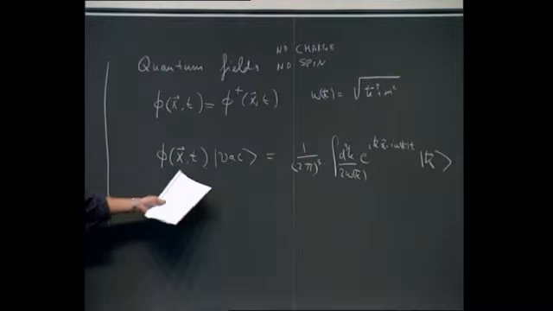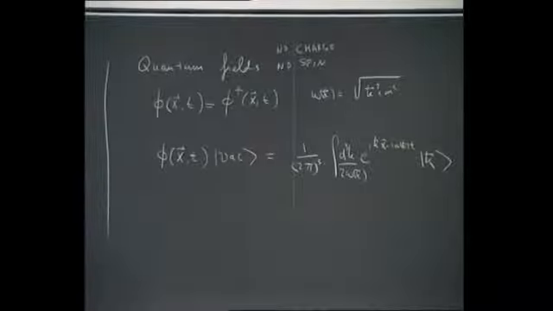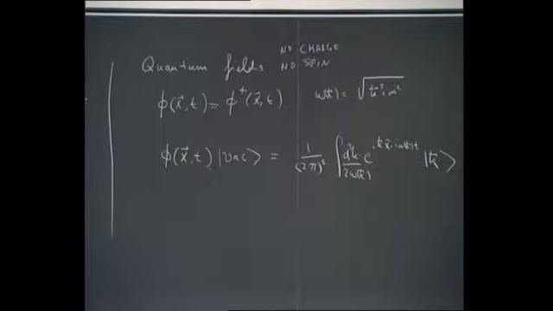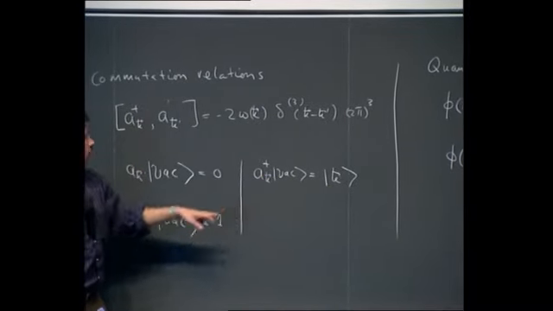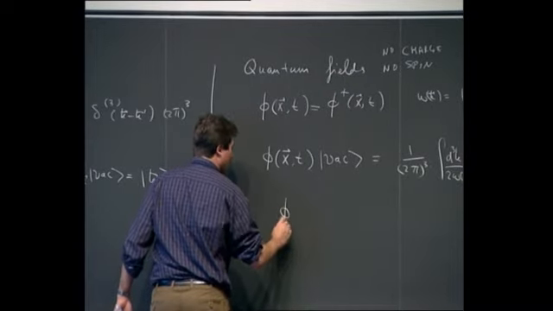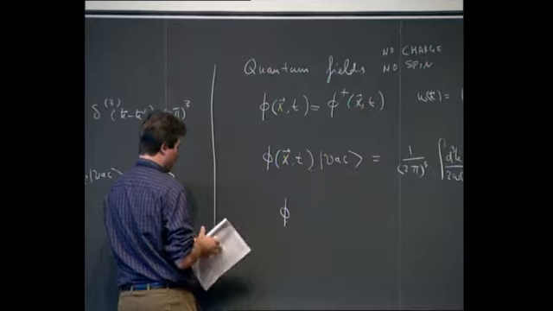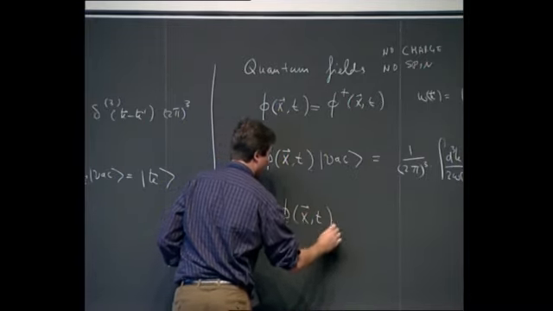And that means that from this I can already determine the expression of phi in terms of creation operators, because I know that creation operators acting on the vacuum give me those states, but I also need annihilation operators. So the expansion that you get, if you write down the field phi in terms of creation and annihilation operators, is the following.